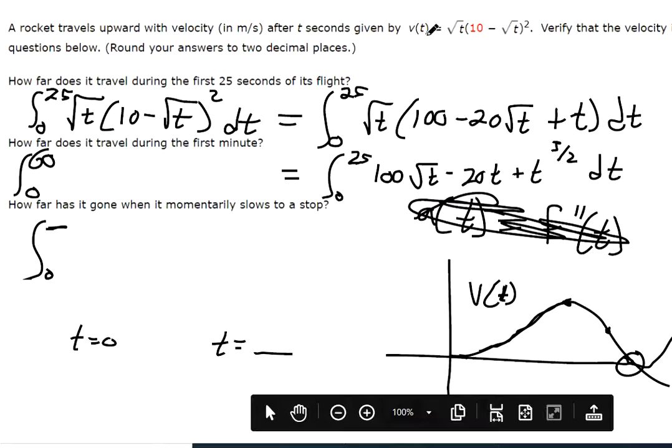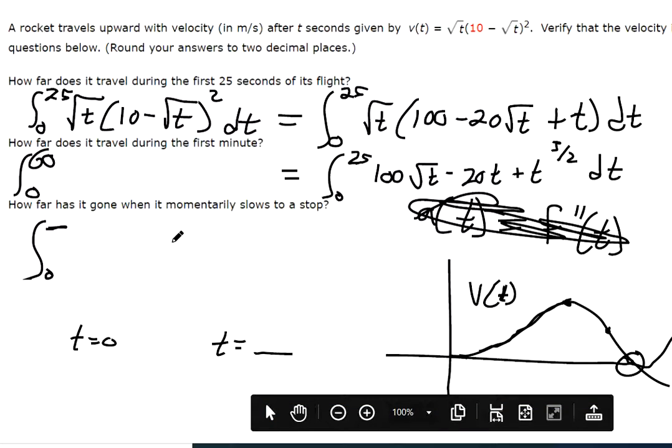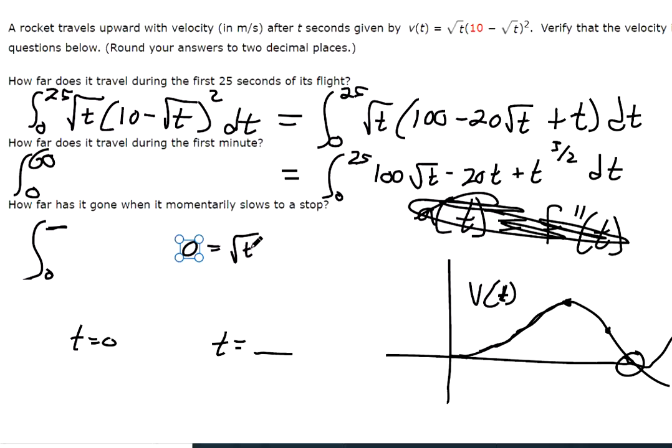So we want to know when v of t is 0, because we want to know when the velocity has come to a stop. What you'll want to do is solve this algebraic equation for t, and what you're going to get is t equals 0, and that makes sense. It's stopped at the beginning. It's not currently in motion when we first start tracking this thing.